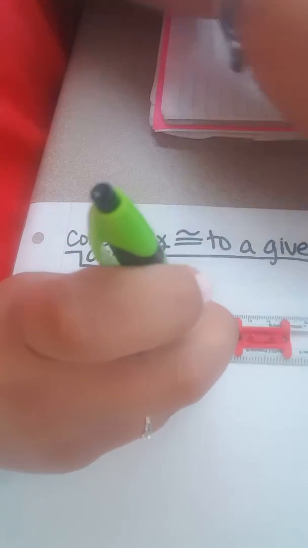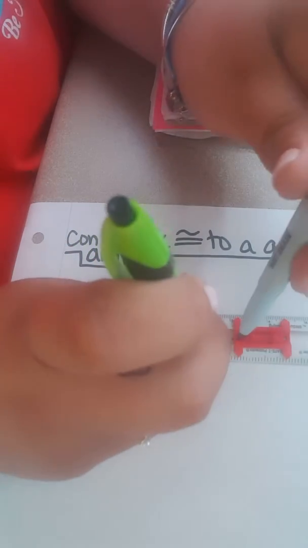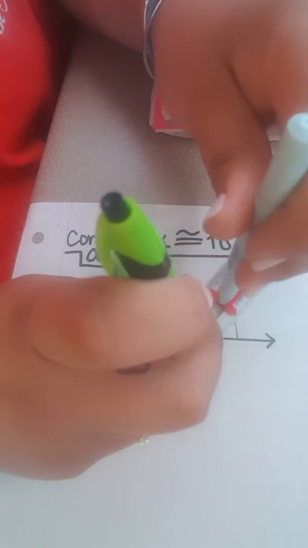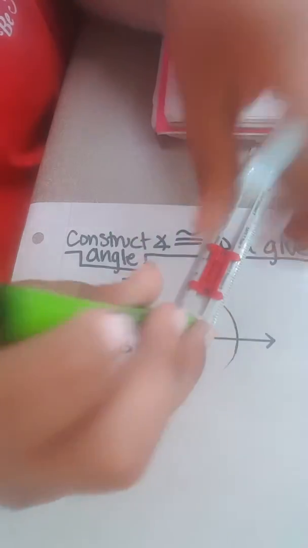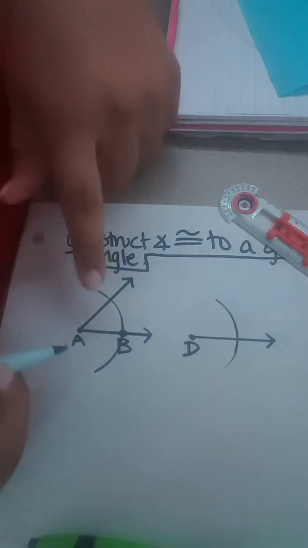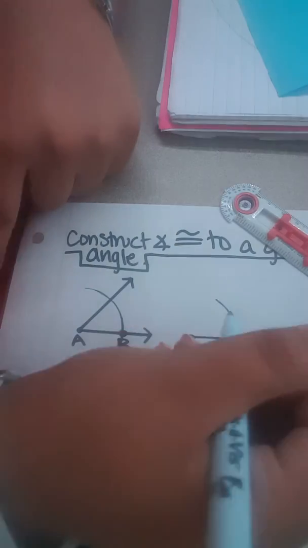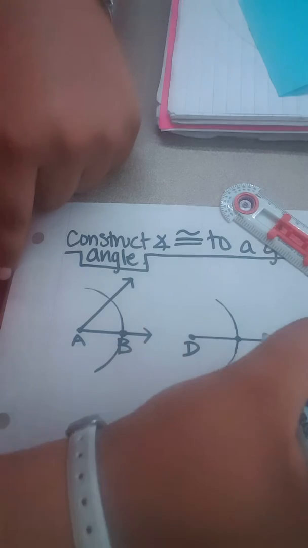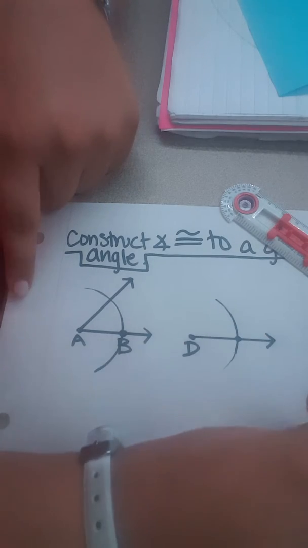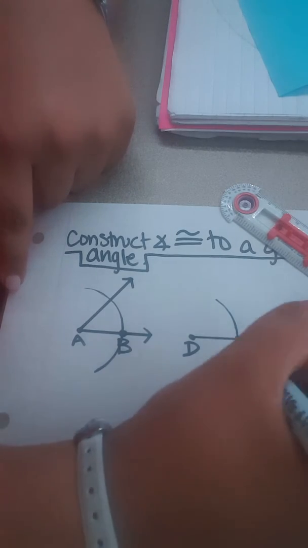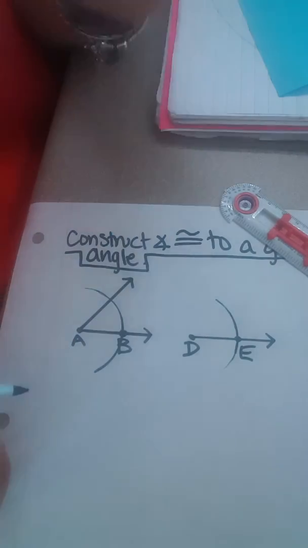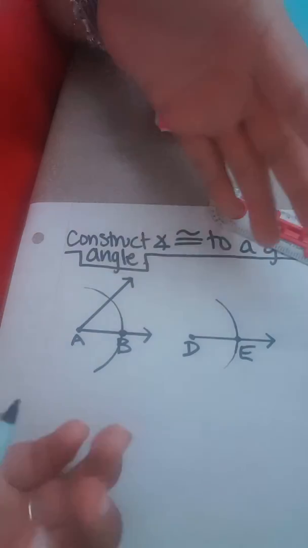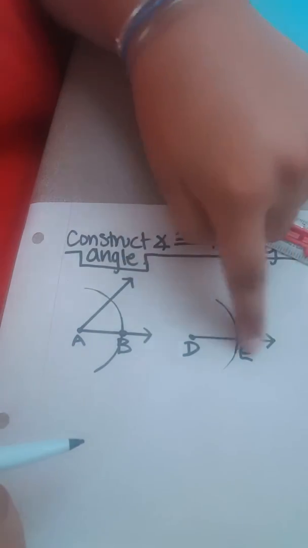Then use the same exact dot in the same exact position that you did for point B, and make another arc. That gives us a point congruent to point B. I'm going to call that one point E. You can call it whatever you want. And now we have one part of it.